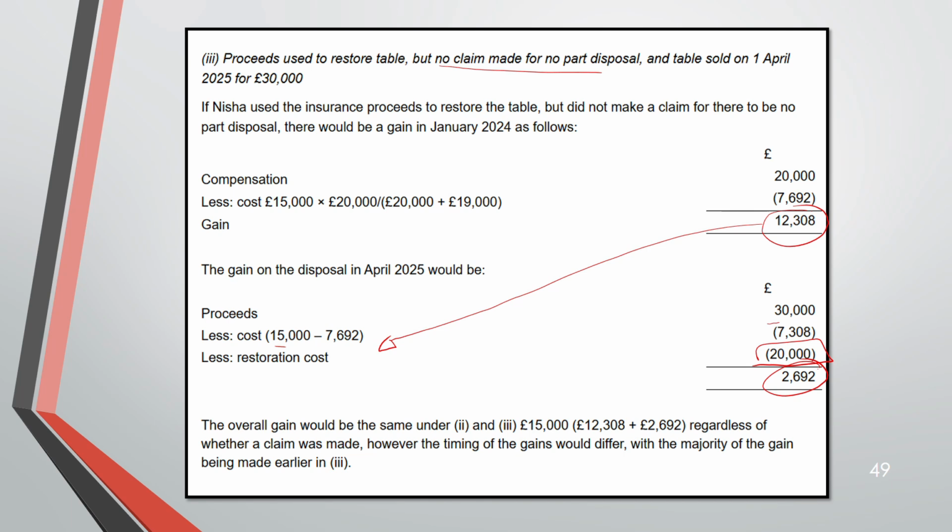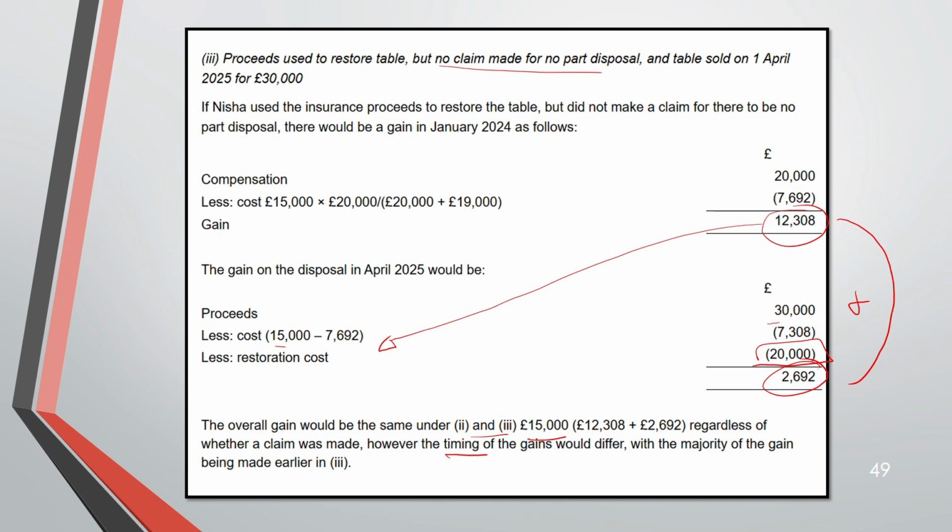So if you see the overall gain under second and third, if you add this 2,692 to 12,308, it would be 15,000 only, regardless of whether a claim was made. So whether you make the claim or not, the difference does not occur in the amount. The difference occurs in the timing. The timing of the gain would differ.